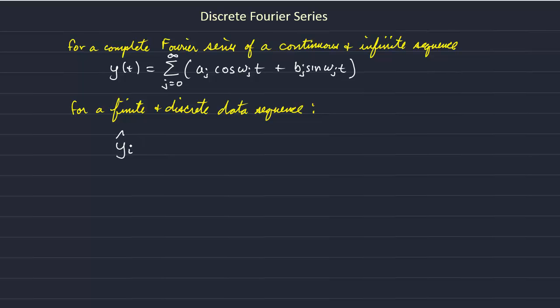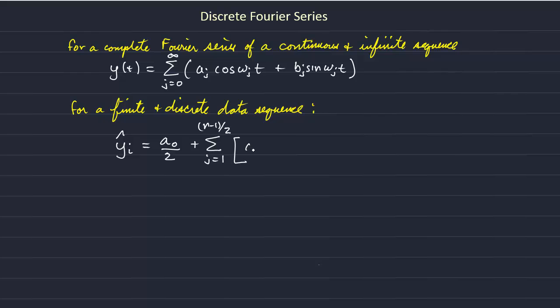And I'm going to describe the approximation as y with a caret over it, following Wessel's notation. We have a coefficient, a zero, j equals 0 coefficient divided by 2, plus a sum of j equals 1 to our data record n minus 1 divided by 2.